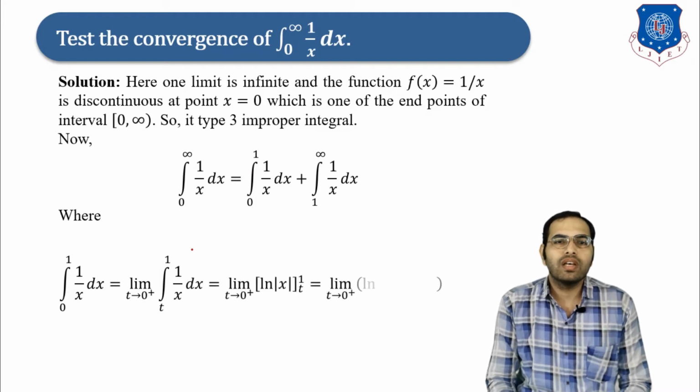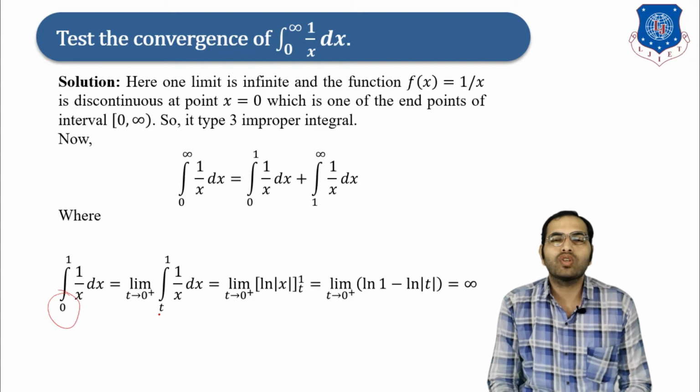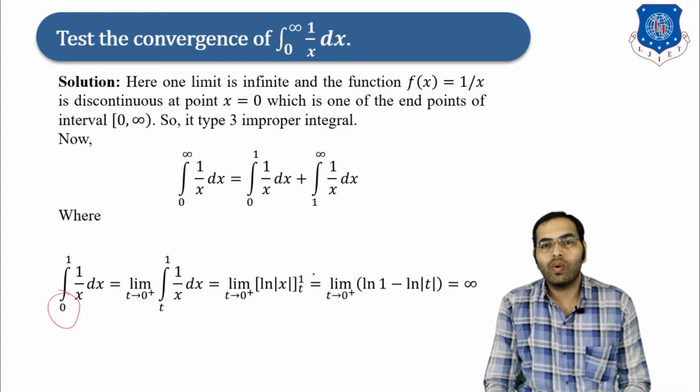Here 0 is replaced by t, then limit t tends to 0 plus integral t to 1 1 upon x dx equals limit t tends to 0 plus of the integral of 1 upon x, that is ln x, where x varies from t to 1. Then substituting the limits, upper limit minus lower limit, that means limit t tends to 0 plus ln 1 minus ln t.